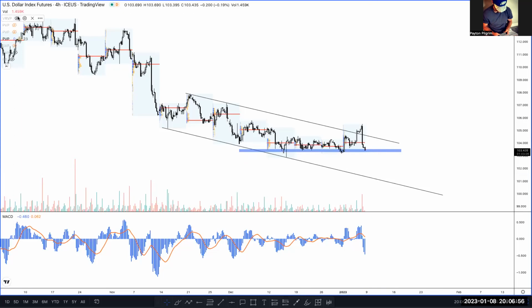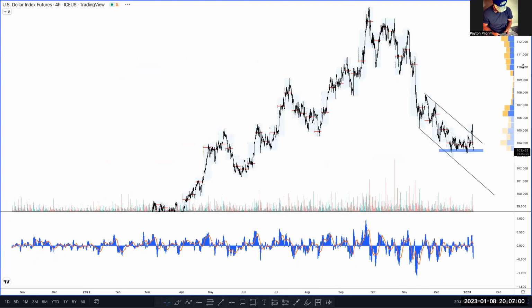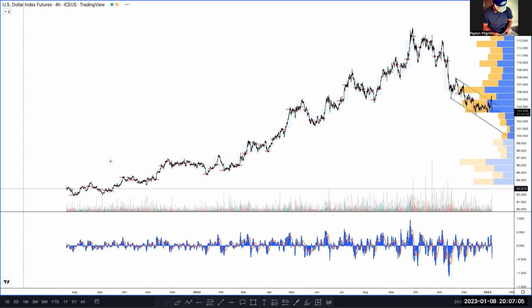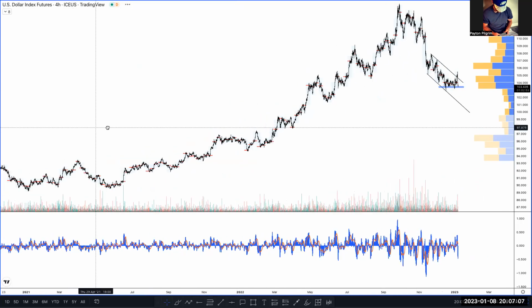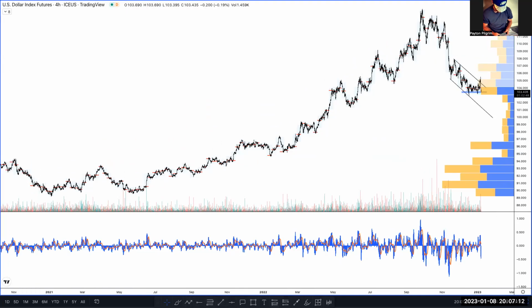I want to show this on the volume profile. If we bring a lot more price action into the picture, so everything from 2020, from basically this whole bull run, right? What it's showing is the majority of the volume is down here, but there's a good chunk up here and a little bad boy right here, right? But everything else, not a lot right here, and there's not a whole lot right here.